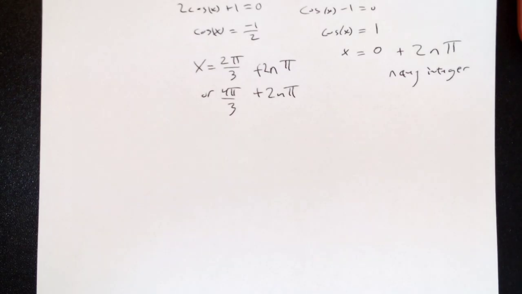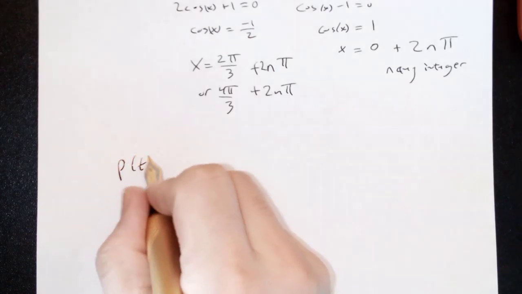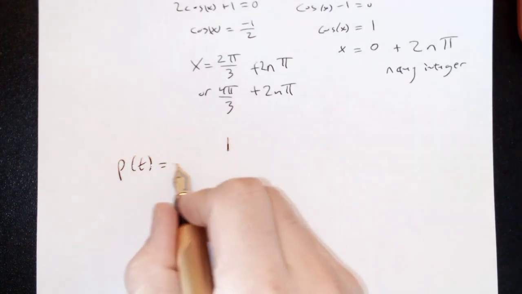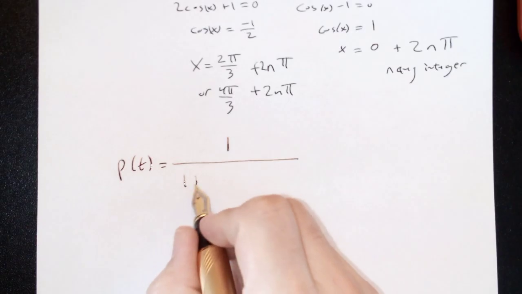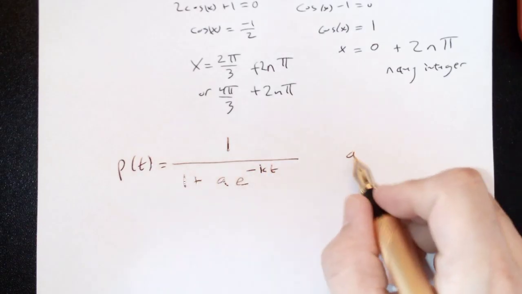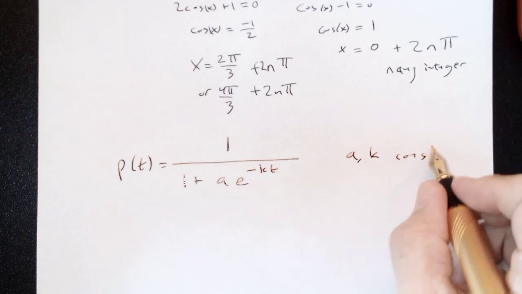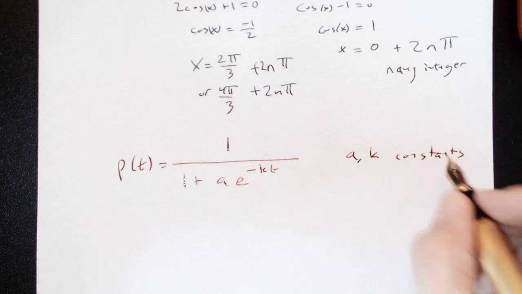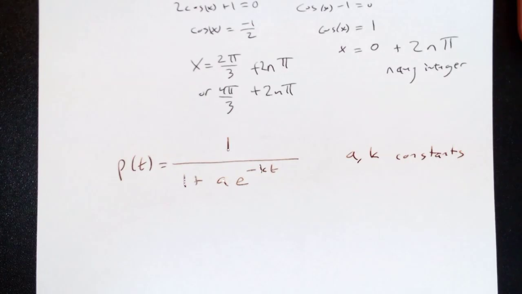Some of my favorite functions are composite functions. This function, 1 over the quantity 1 plus a e to the minus kt.